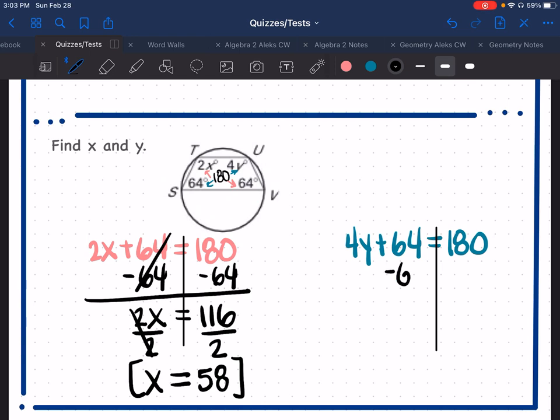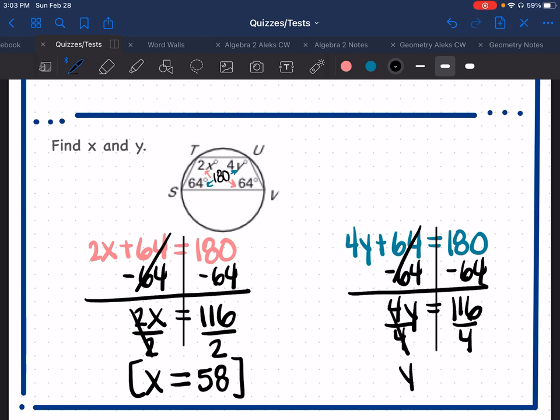Over here, I'm going to subtract my 64. Since it gave me the same number, I already know that it's going to be 116. I'm going to divide by 4. 116 divided by 4 is 29.